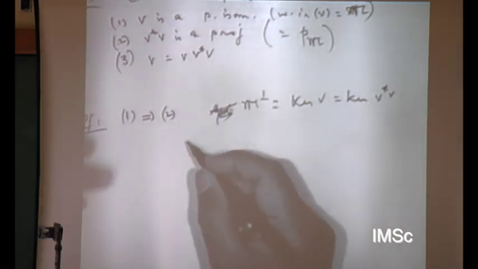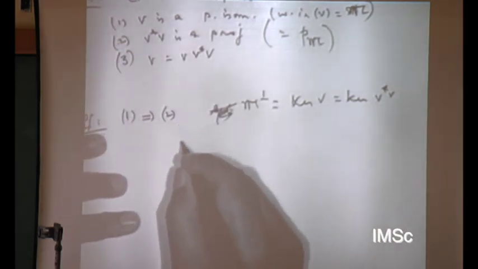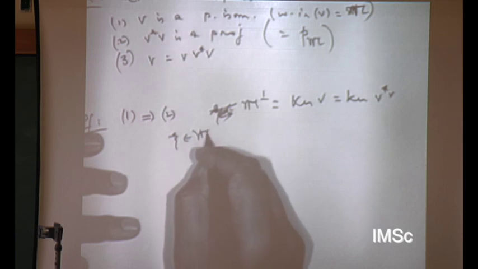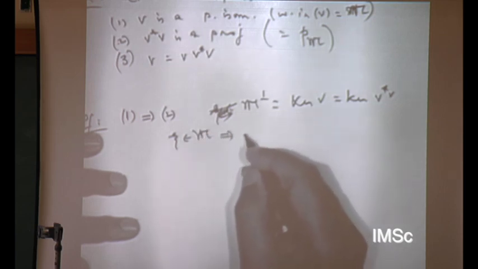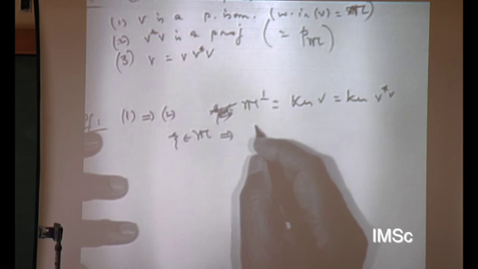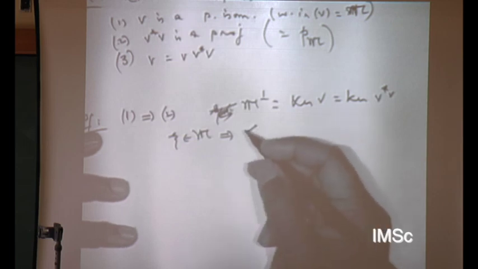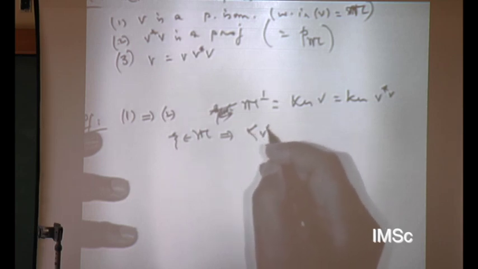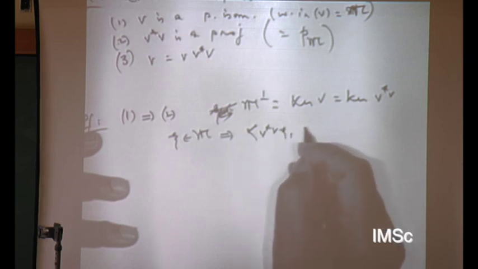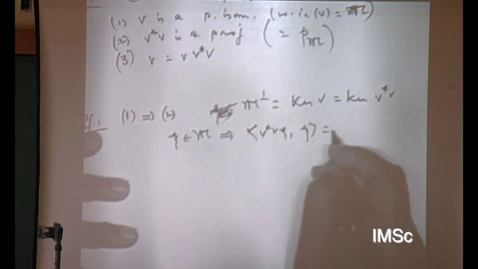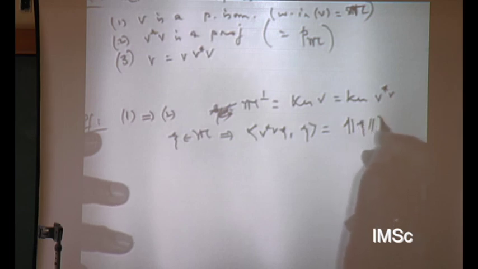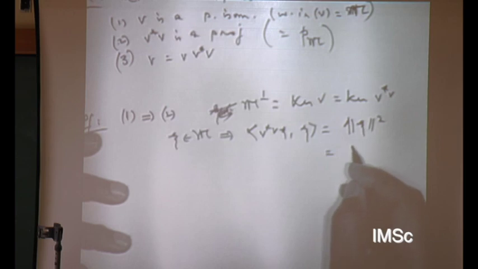And on the other hand, you notice that xi in M implies that V star V xi equal to norm V xi squared, which is norm xi squared, equal to Pm xi xi.